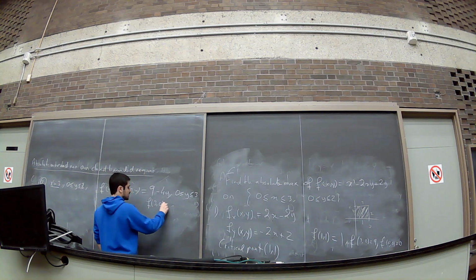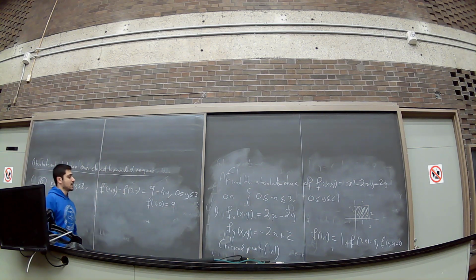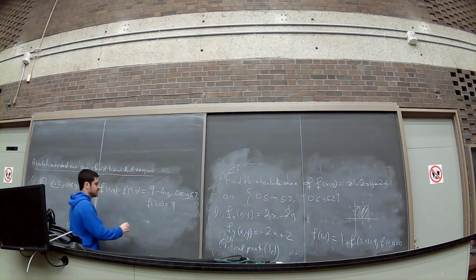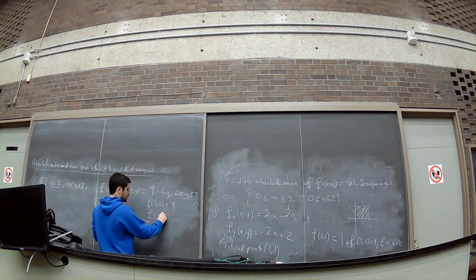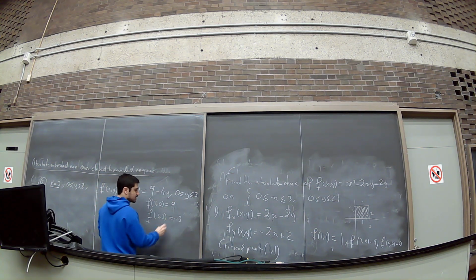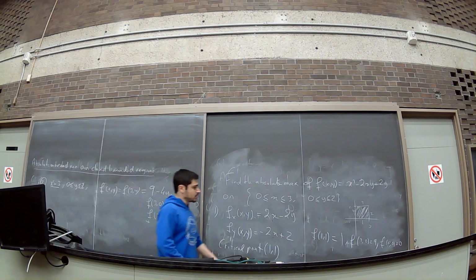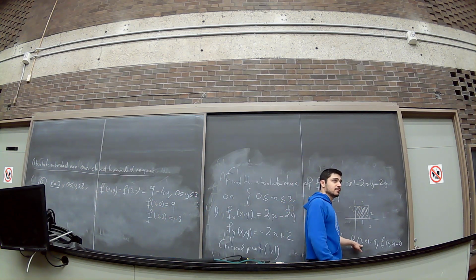What is it? Is 9, right? And what is the minimum? Since it's decreasing, it's f(3,2).